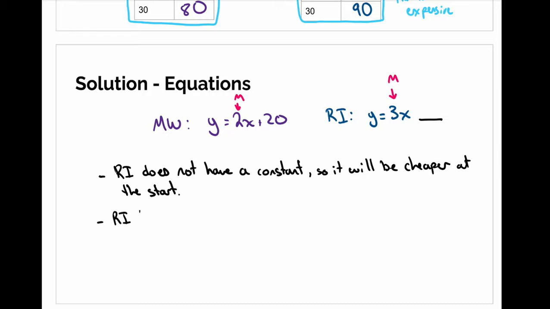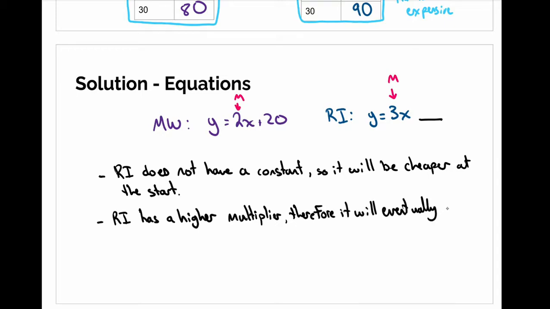So RI, or Radical Island, has a higher multiplier. Therefore, it will eventually be more expensive.